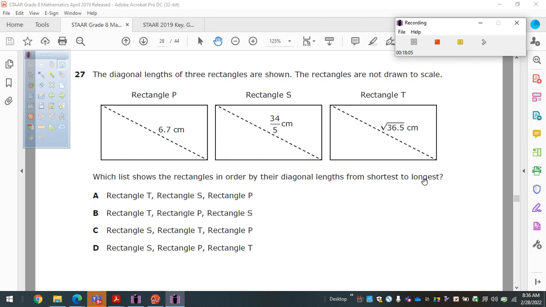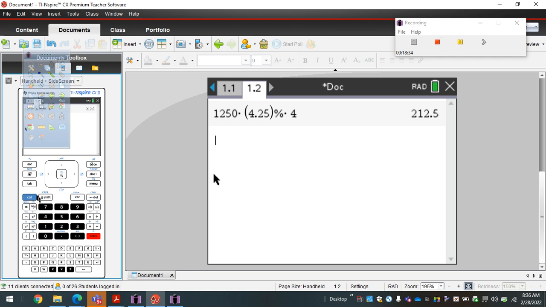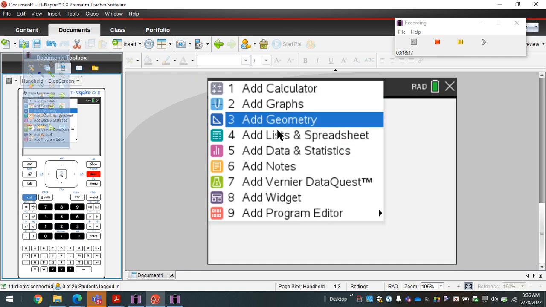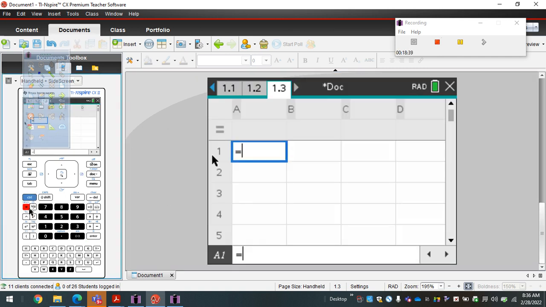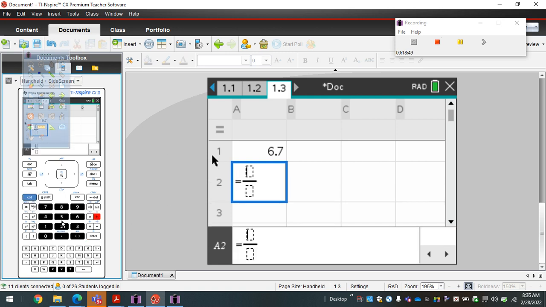That's it. So we're going to come out here, list and spreadsheets again. Let's try this one again. 6.7, and then 34.5. I'm going to turn the calculator on, go to list and spreadsheets. 6.7, enter. And then control fraction, 34/5, right?